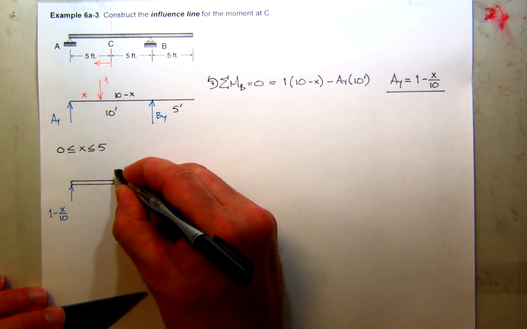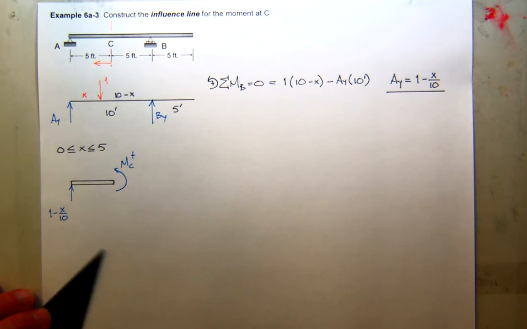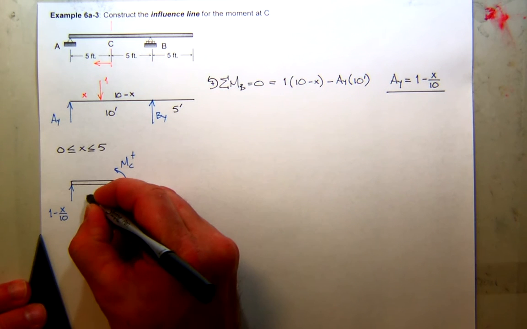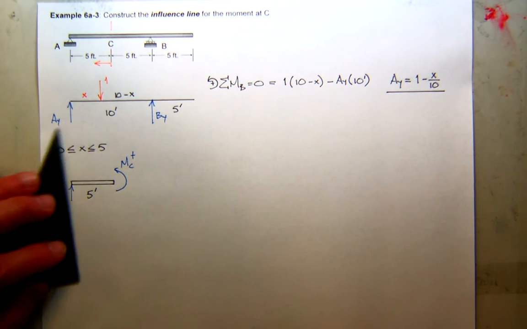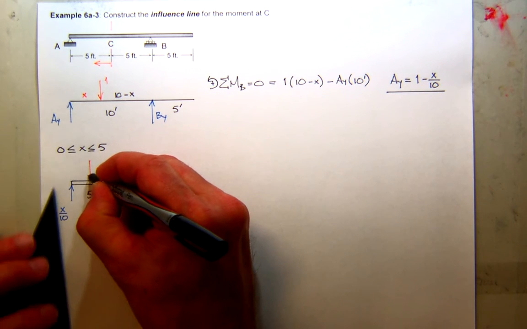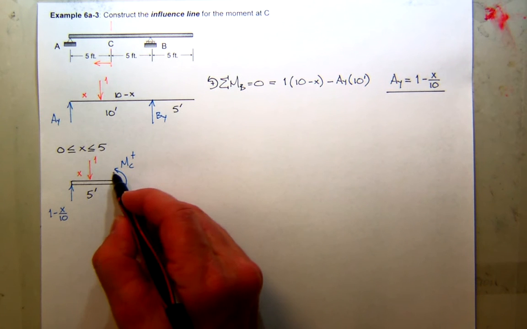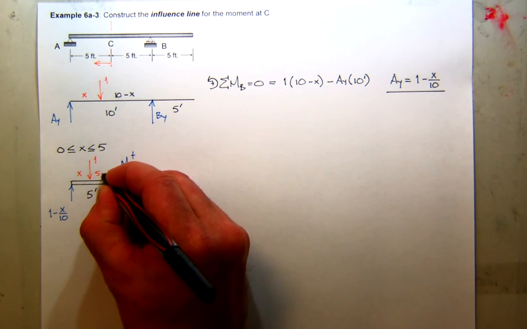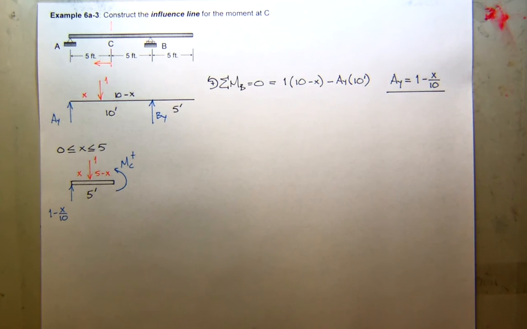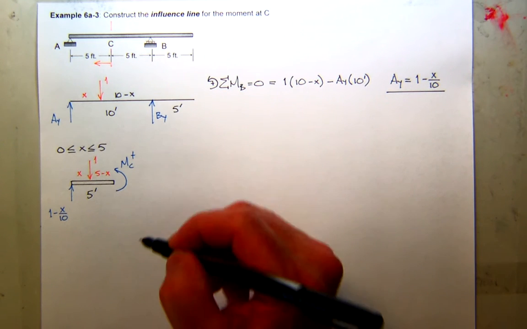Here's my positive bending moment at C. Let's see, what else do I have? This is 5 feet. And then I'll have my unit load at some position X. So what's this distance here? 5 minus X. So I have all the pieces I need to find the moment at C.